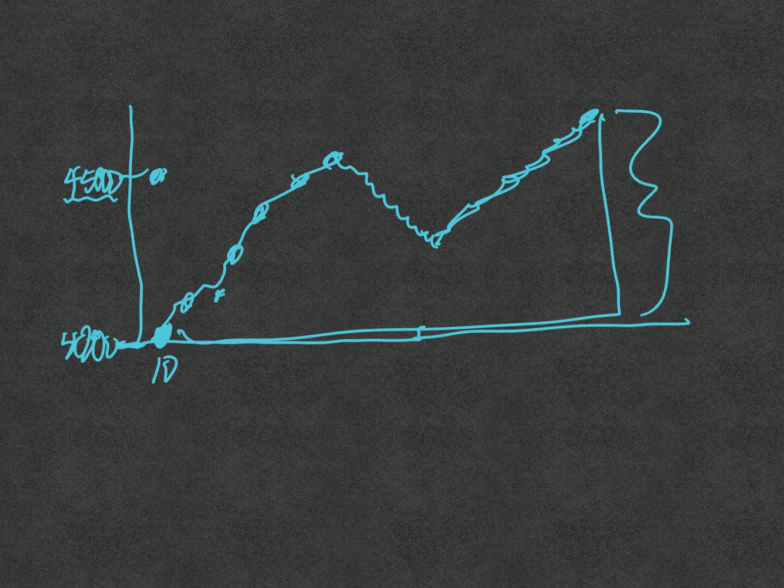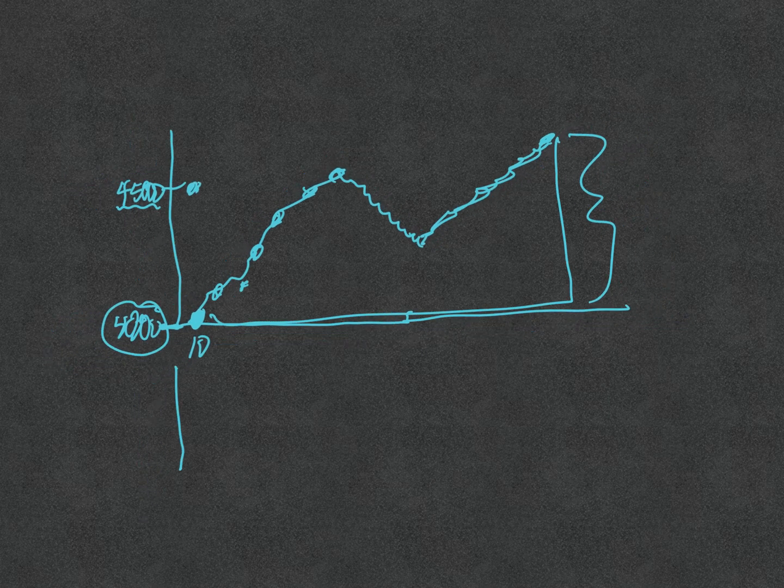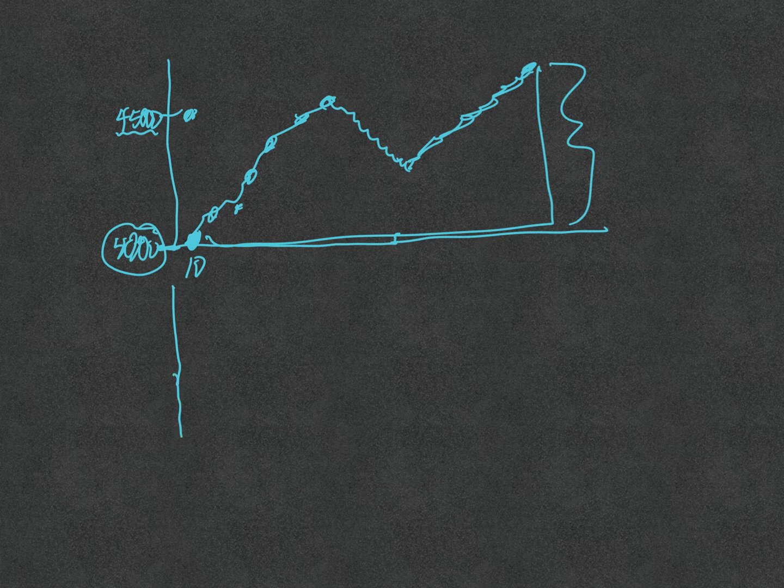And the problem is we're not starting at zero. If you take this chart and you start it at zero and go to 45,000, then 40,000's up here. And what it looks like is this.